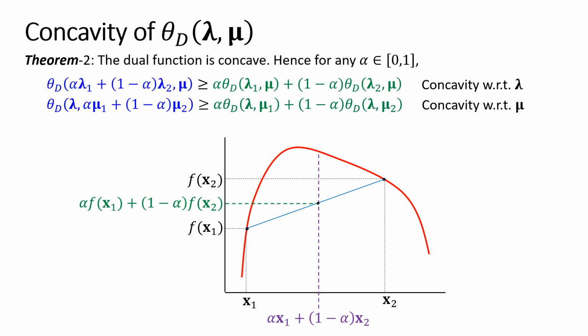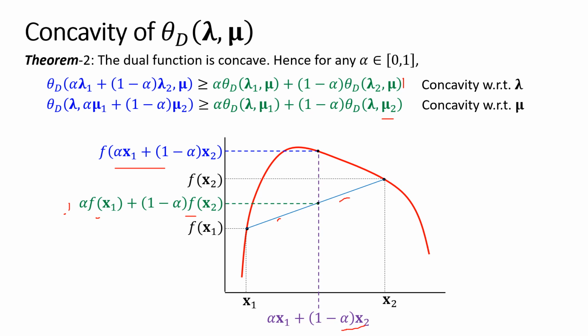So this point here is alpha times f of x1 plus 1 minus alpha times f of x2, because this straight line segment is divided in the ratio alpha, 1 minus alpha. And you can see the corresponding terms here. They are in green. Now, this is alpha x1 plus 1 minus alpha x2, and so this is f of alpha x1 plus 1 minus alpha x2.